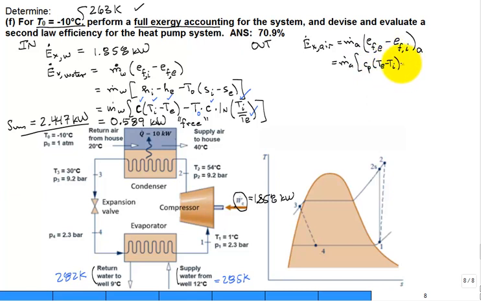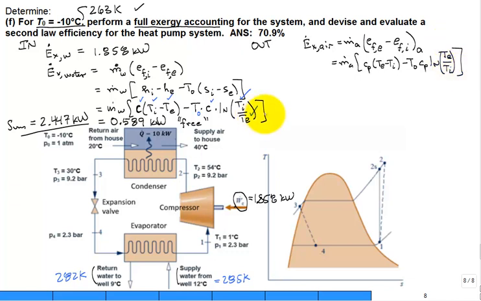And then minus the dead state temperature, C sub P natural log of the temperature exit divided by the temperature inlet. And there you go.